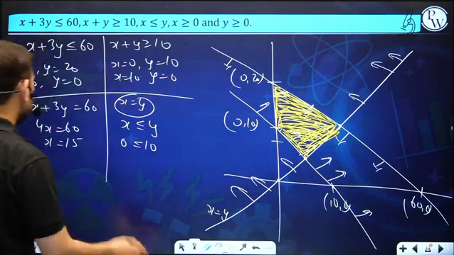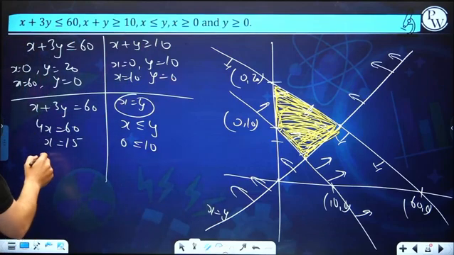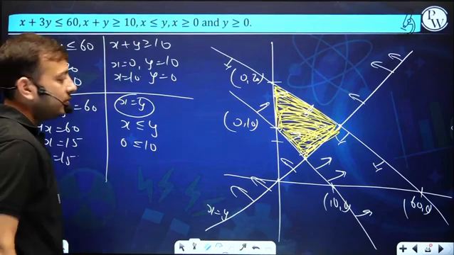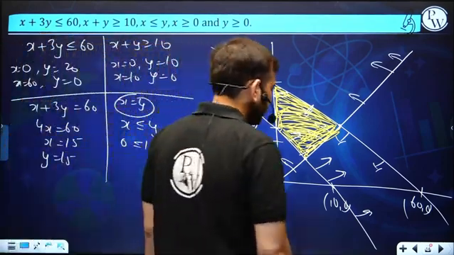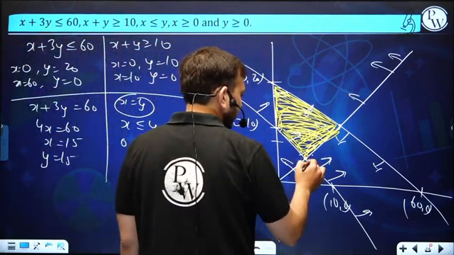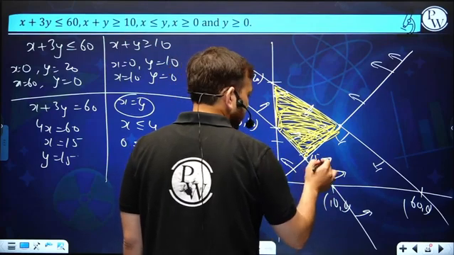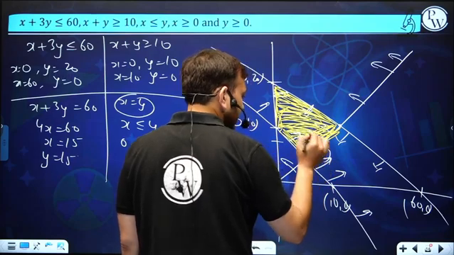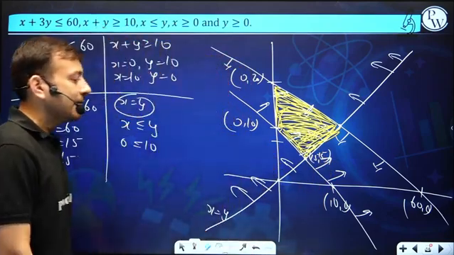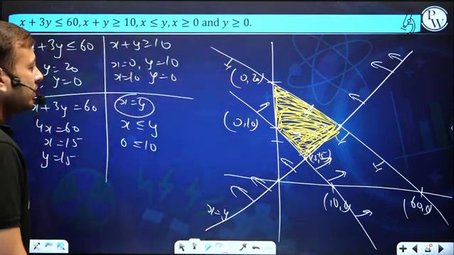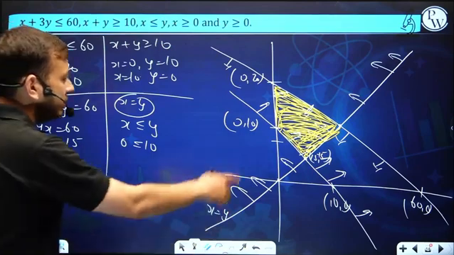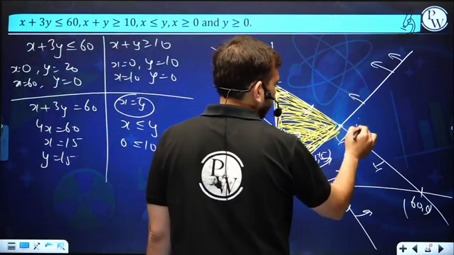If I put x equals 15, then y will also be equal to 15. So this point will be 15 comma 15.